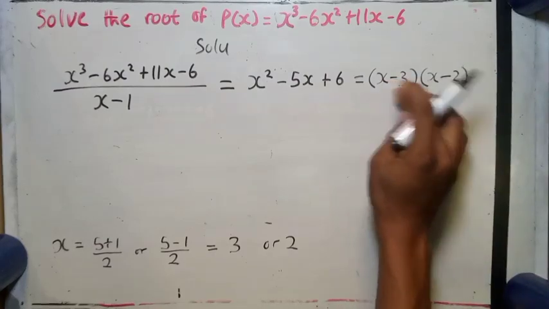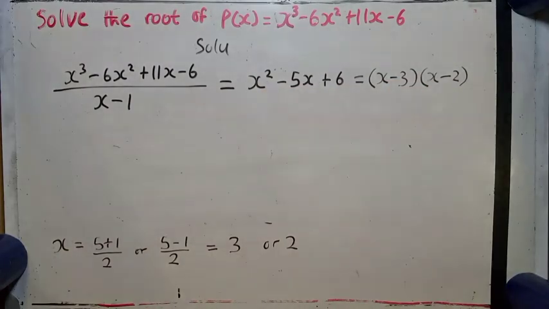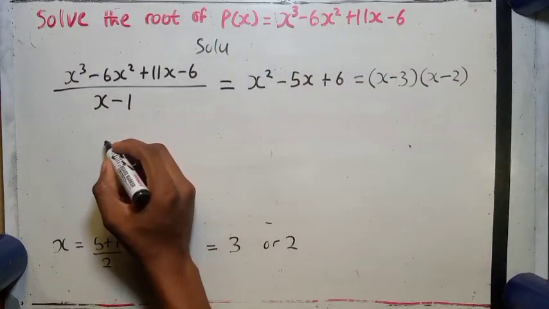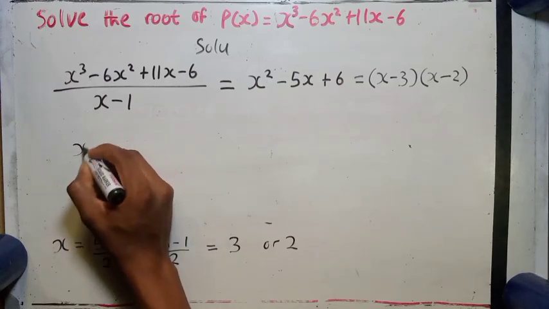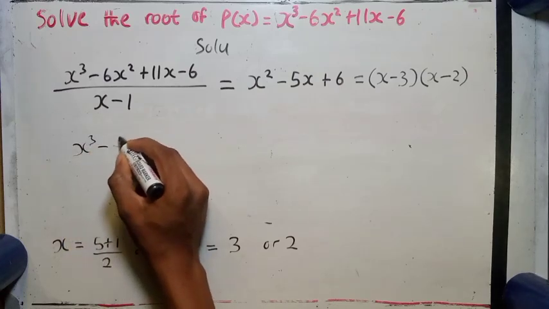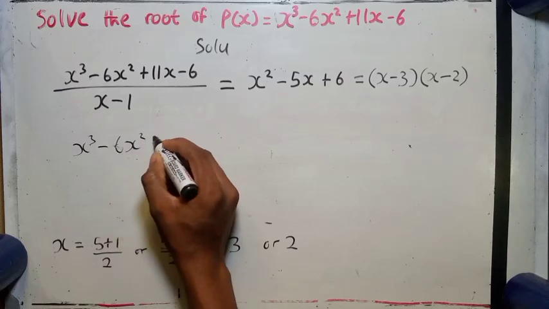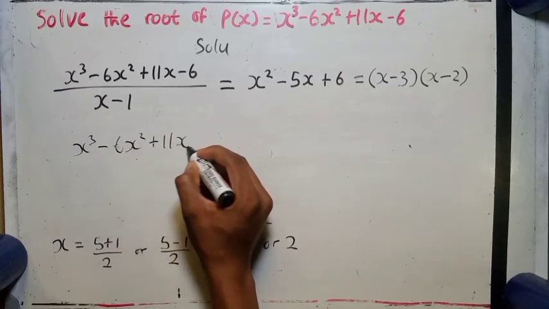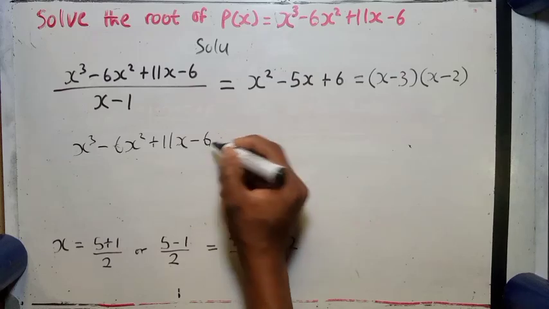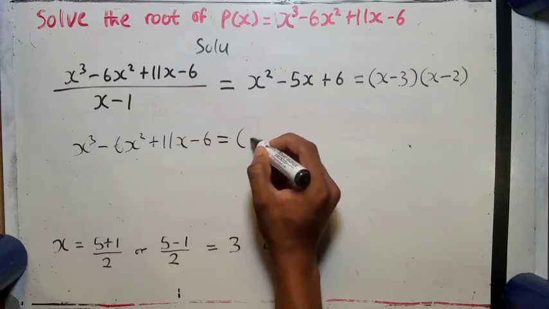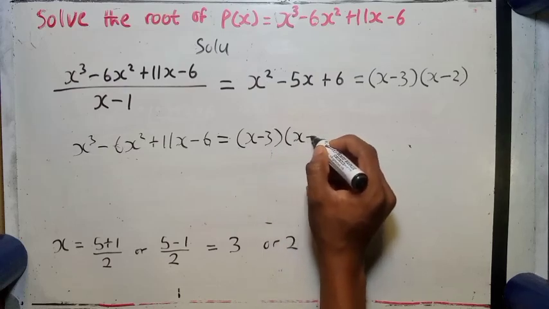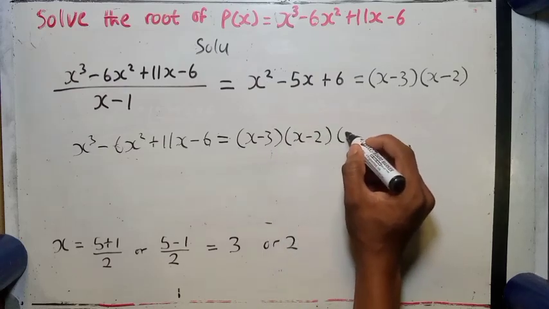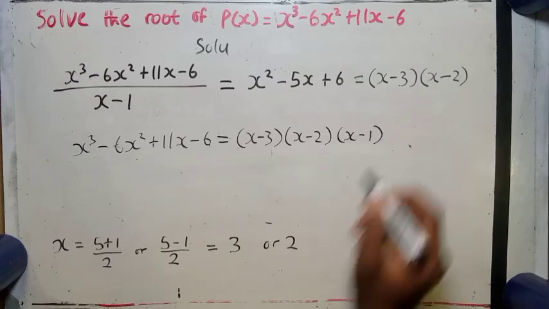So if you multiply these two, you get this back. So the factors that we're looking for are now going to be, for this, x minus 3, x minus 2, and x minus 1.